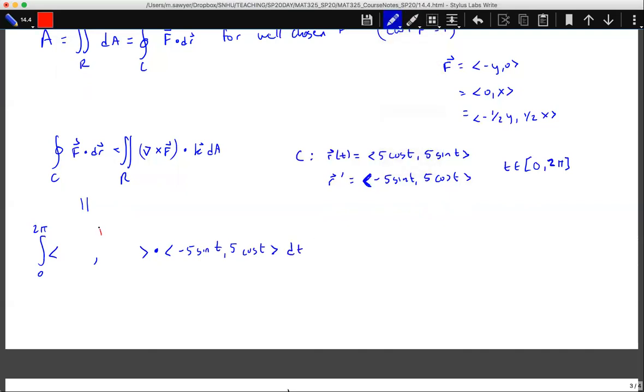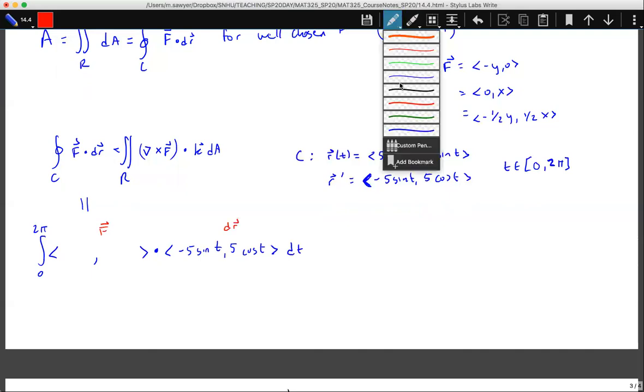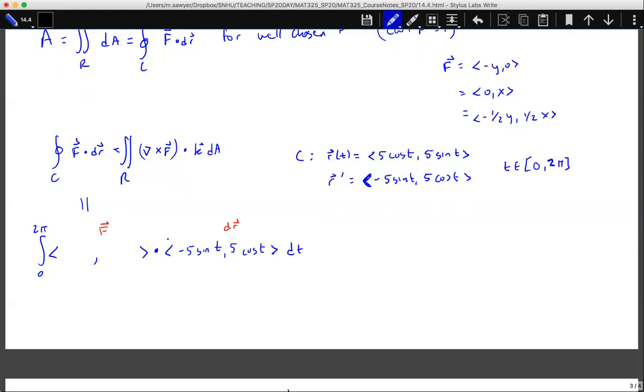This is my f, this is my dr. If I choose my f appropriately, then I can get some things to cancel out. So this is where I'm using some understanding of properties of my integral. If I choose negative 1/2 y and 1/2 x, my negatives will cancel out in my dot product.